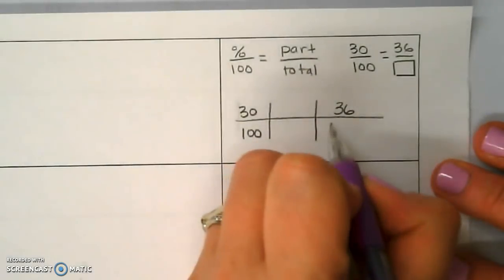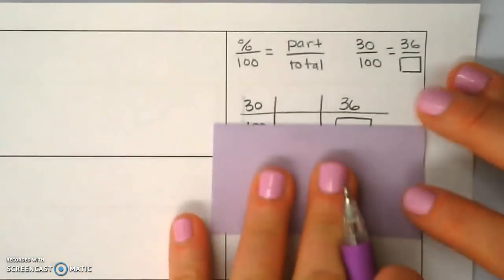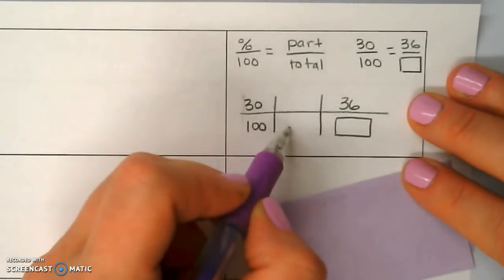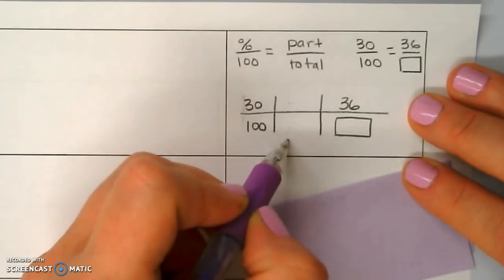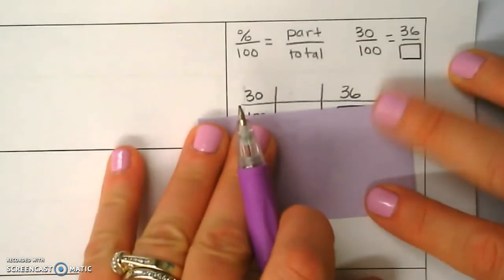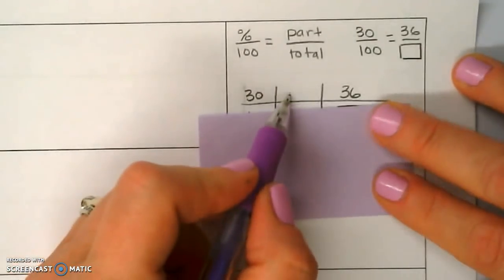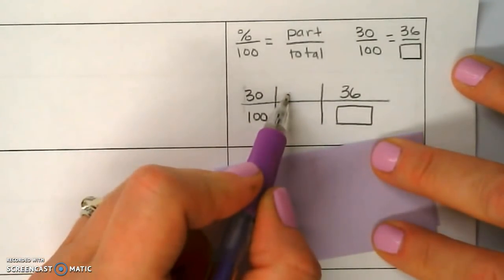There is 36 over something. And I'm going to try to get my ratio simplified right here, because that can help you with your model. 30 and 36 have a few common factors. I could use a 6. If this number was a 6, I would divide by 5.